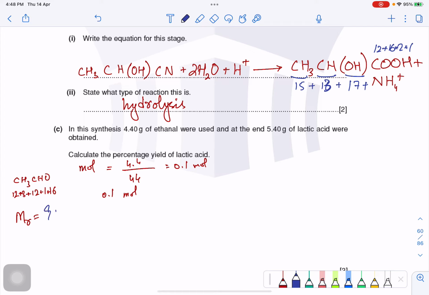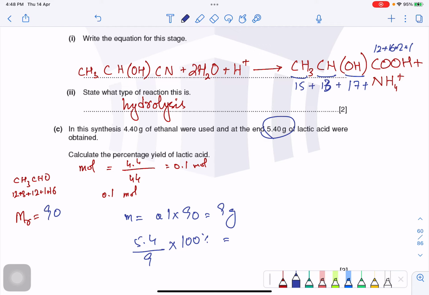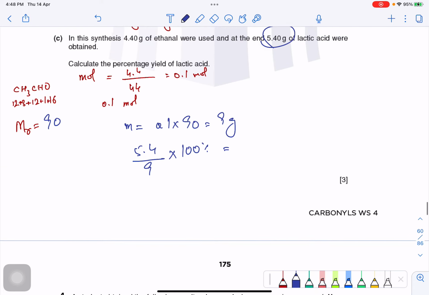So MR is 90. So mass made is 0.1 times 90, which is 9 grams. So I should get 9 grams if it was 100% efficient, but that's not the case. I got only 5.4 grams. So 5.4 over 9 into 100%, and whatever that answer is. So 60%.